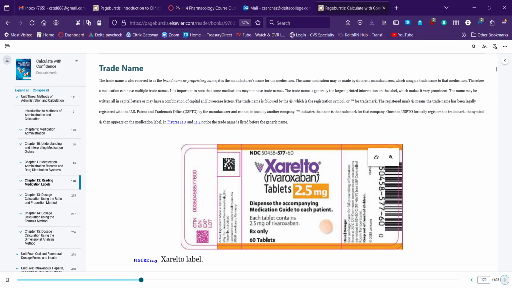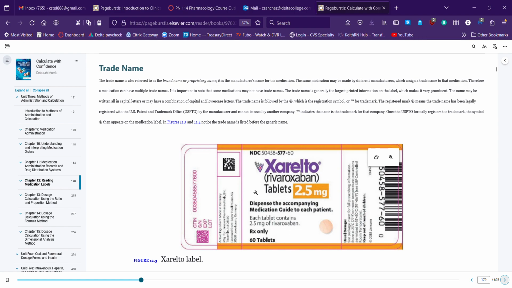All right, so now let's talk about the trade name, okay? The trade name, you'll also hear it called the brand name or the proprietary name, but usually it's either trade or brand name. It's going to be the capitalized one, and when there's two names, it's usually the first name that's capitalized, and then you're usually going to see that little trademark symbol behind it.